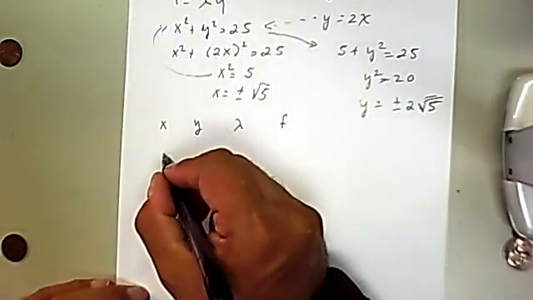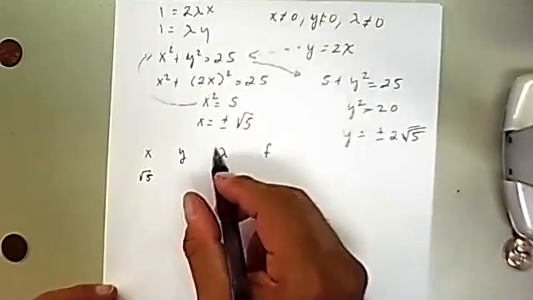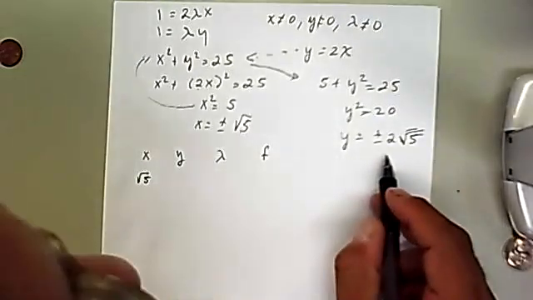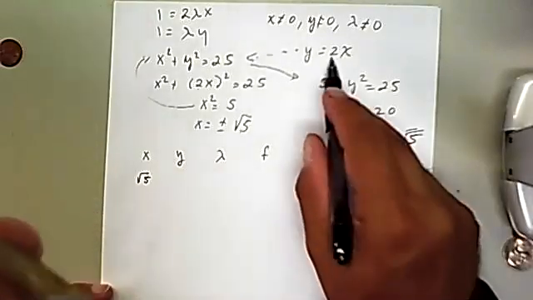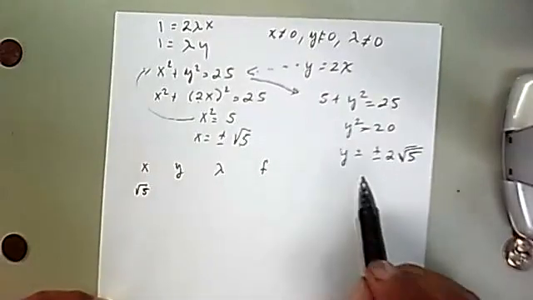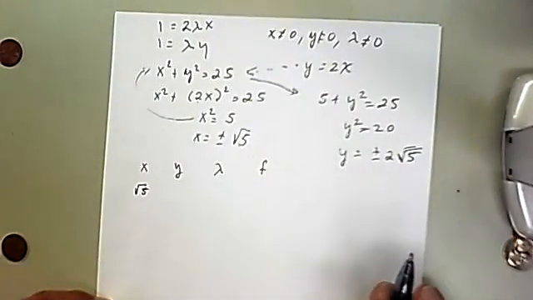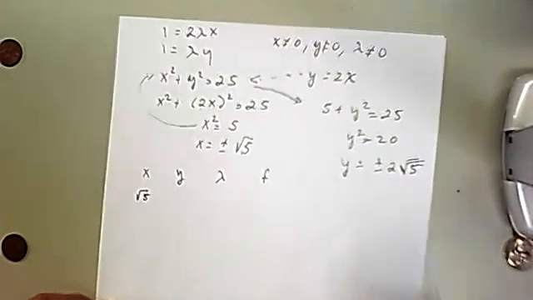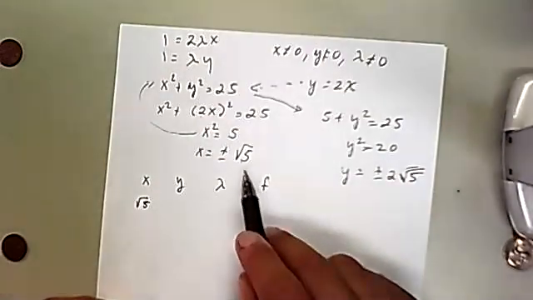So we have square root of 5 for x. For y, we have to be careful here. We have to analyze what's going on. You have to pay attention to everything.